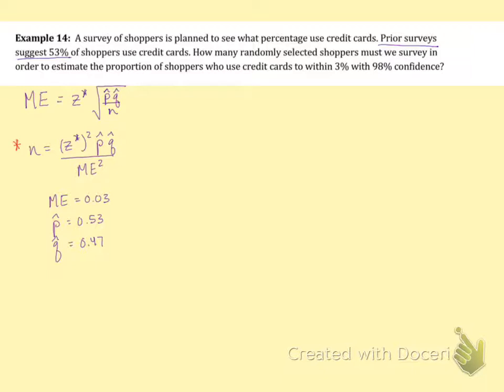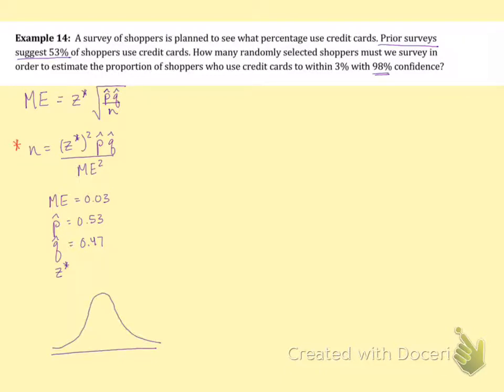The hardest part to figure out is z star. So z star is the z-score associated with the central 98% of your normal distribution. So I want you to imagine our normal curve.